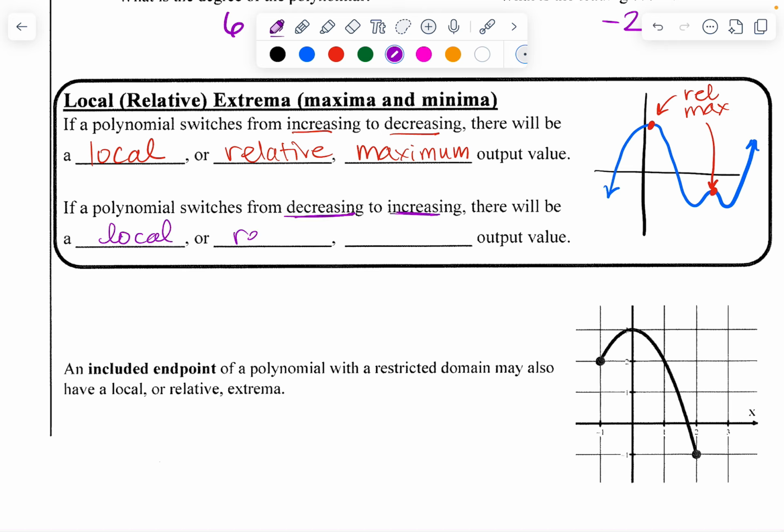That would be a local or relative minimum. So if I'm looking for something that's going from decreasing to increasing, that point at the bottom in between where it goes from decreasing to increasing is a relative minimum. Okay, so we see that here. We also see this here.